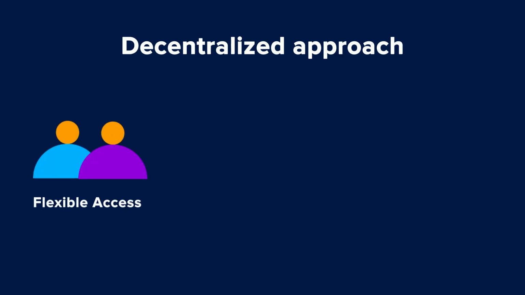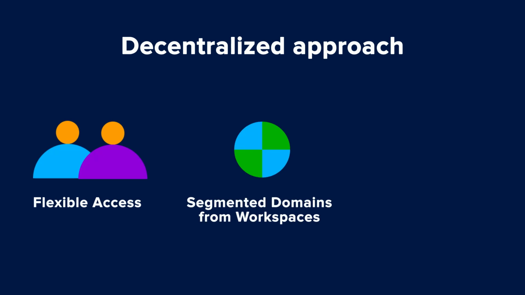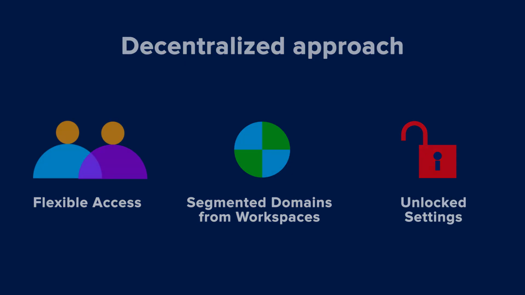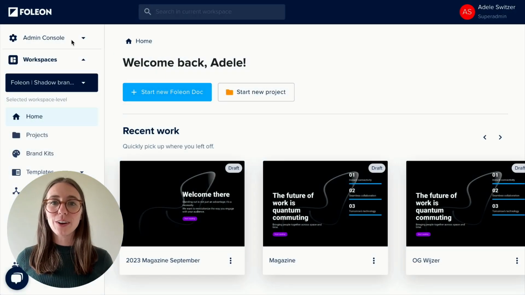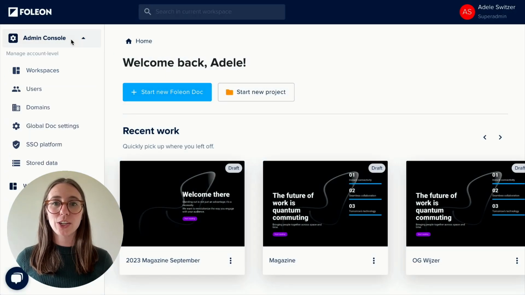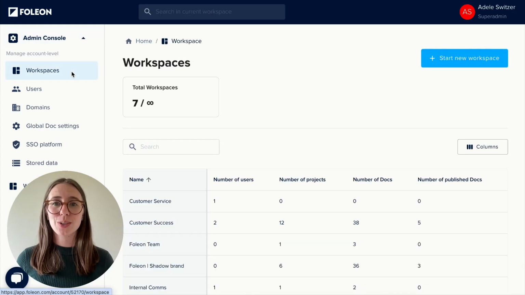If you're leaning toward a more decentralized approach, you might give admin console access to more people for more flexibility. Segmented domains will be created in the workspaces, and you'll have unlocked settings. The admin console gives you the ability to manage access, settings, and control for whichever structure supports your teams best.